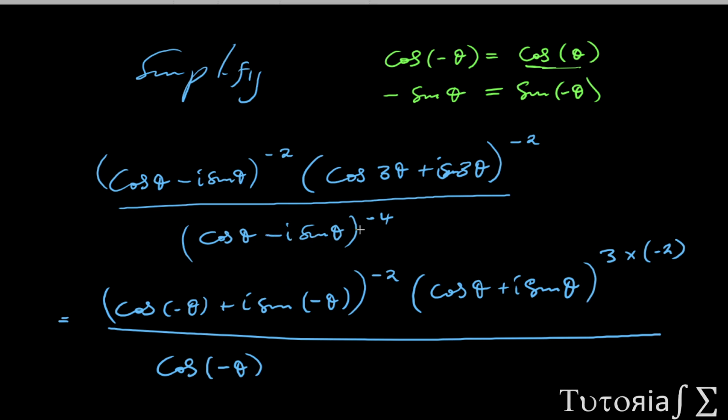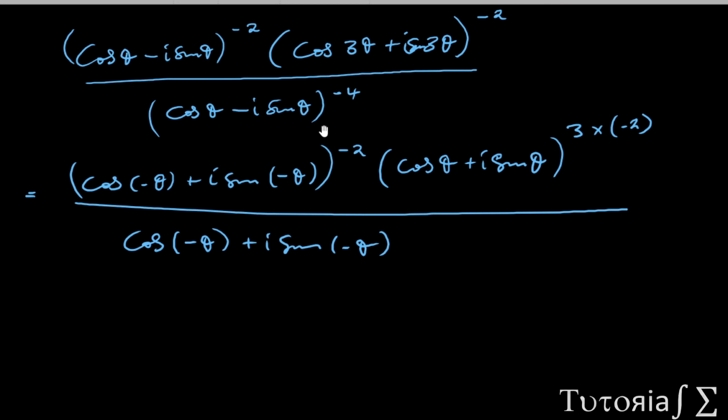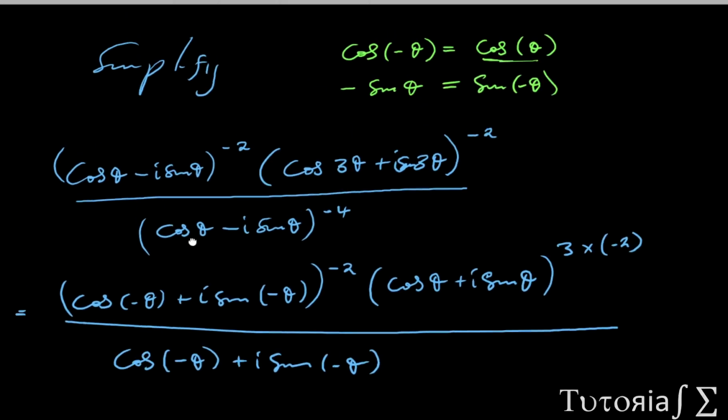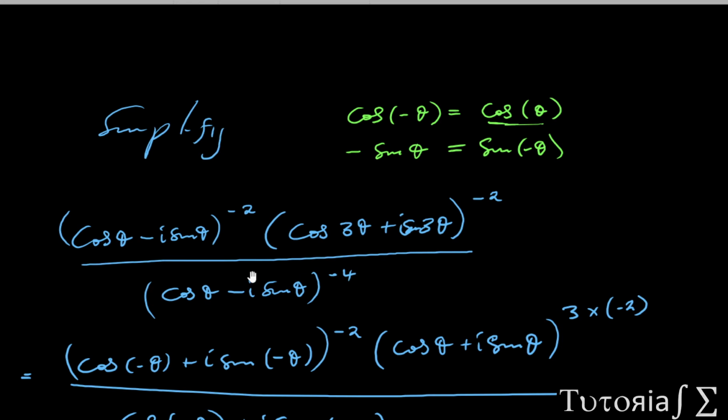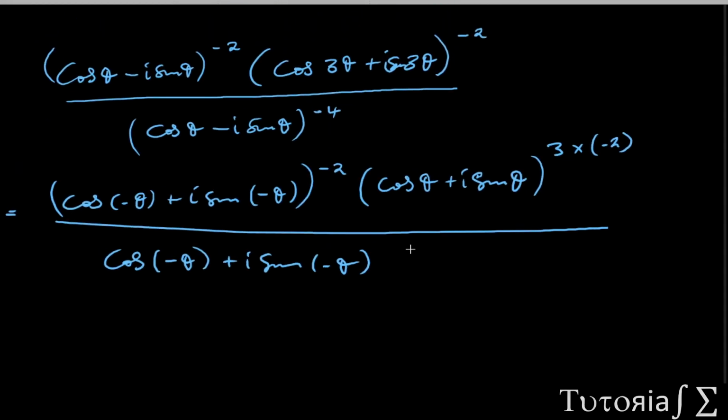Then negative of sine theta is the same thing as sine negative theta, so that would be plus I sine negative theta. Okay, so that is what we have. And this is raised to the negative 4. So the denominator is raised to the power negative 4.